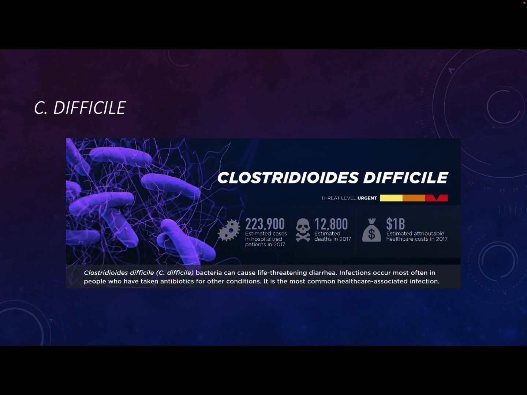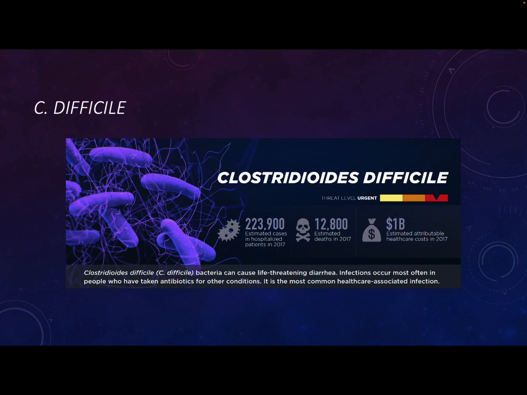C. diff is considered to be one of the highest threat levels with the CDC. It can cause life-threatening diarrhea. Infections occur most often in people who've taken antibiotics for other conditions. It is the most common healthcare-associated infection. And again, this is from 2017, 250,000 cases in hospitalized patients.